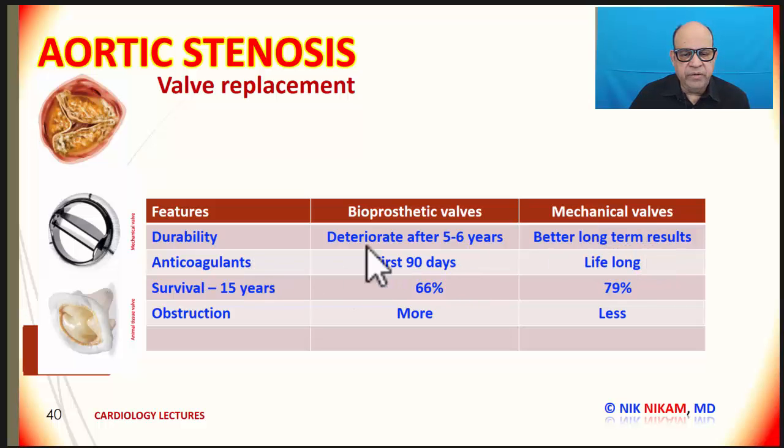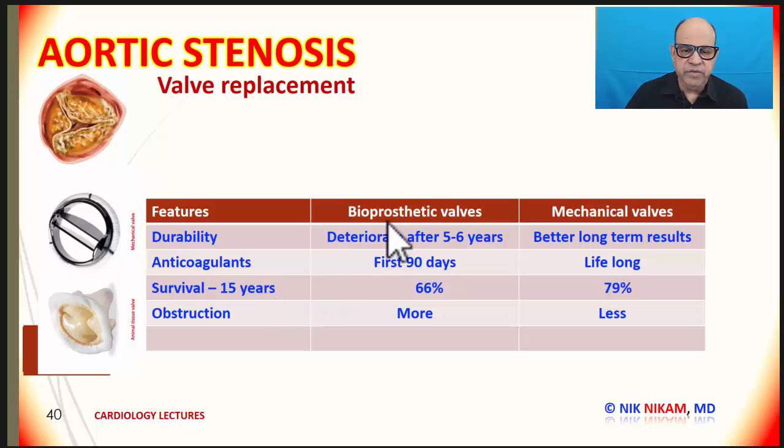Anticoagulants are needed only for the first 90 days in patients with bioprosthetic valves because they do not need long-term anticoagulation unless they have persistent atrial fibrillation or any other reasons for using anticoagulants other than the aortic valve itself. Whereas patients receiving mechanical valves need to be on anticoagulants lifetime.